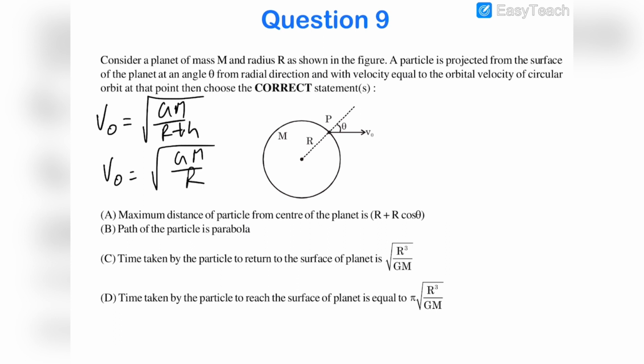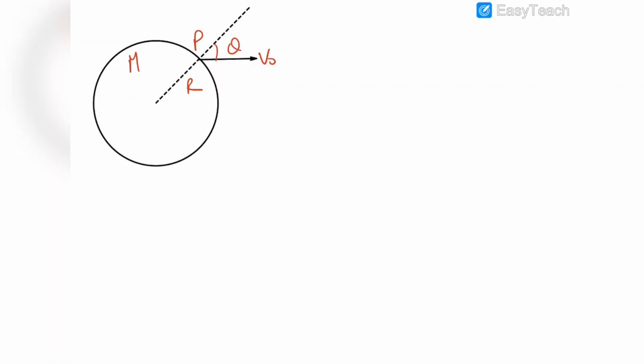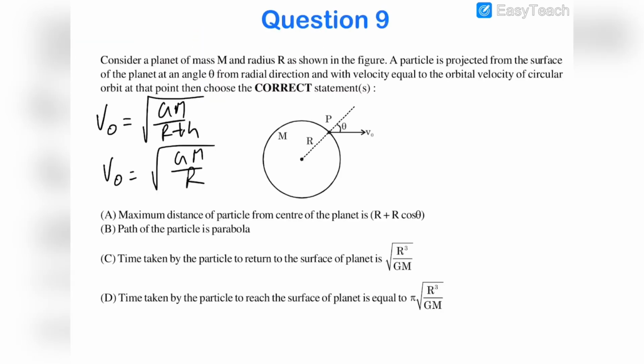Now we know that we have to find out the maximum height first of all, and then we have to find out the time taken by the particle to return on the planet.